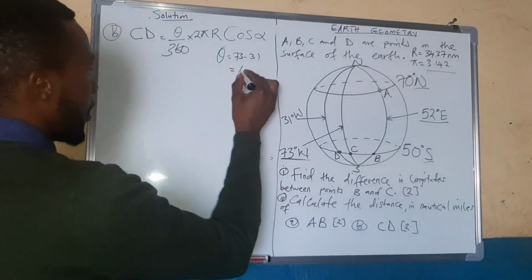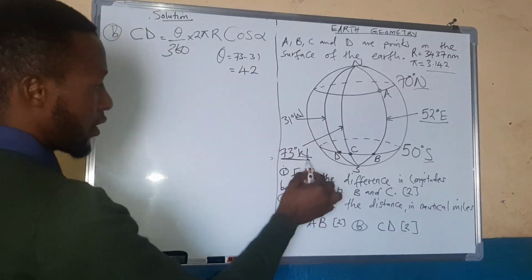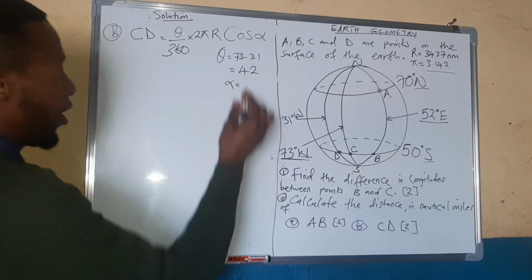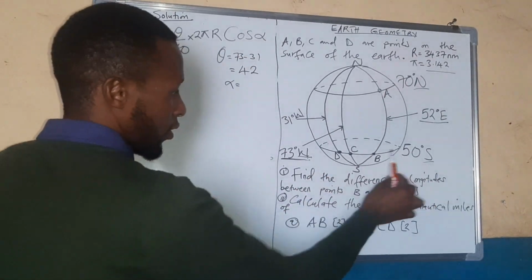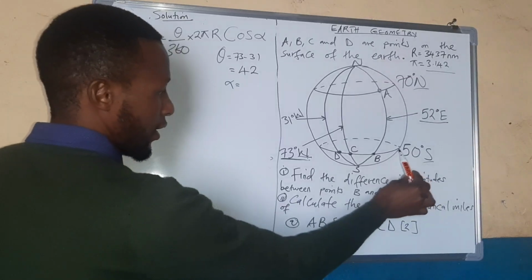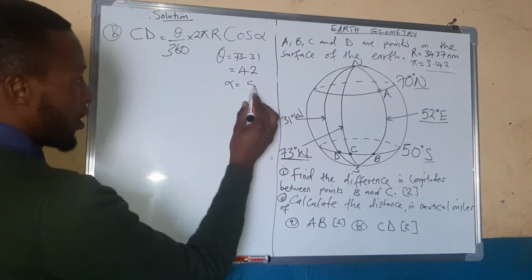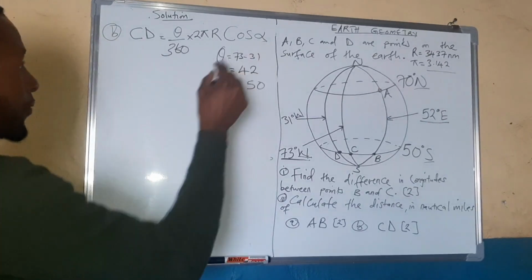So the difference is 42. We're subtracting because the poles are the same, west, west. Then the alpha here is just the latitude where they're seated. So C and D are seated on latitude 50 degrees south. So 50 is the value for our alpha here.